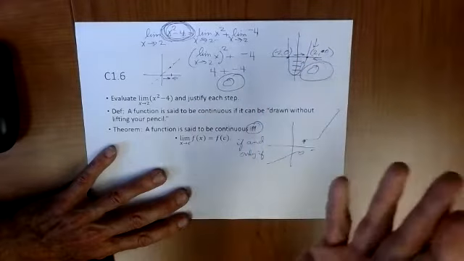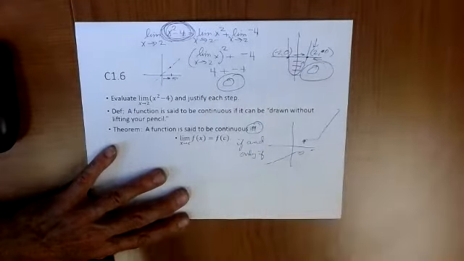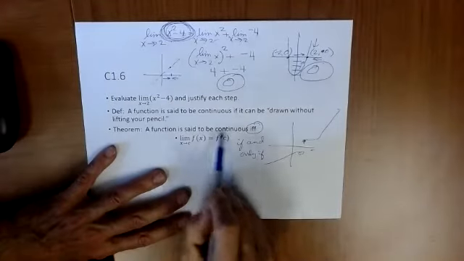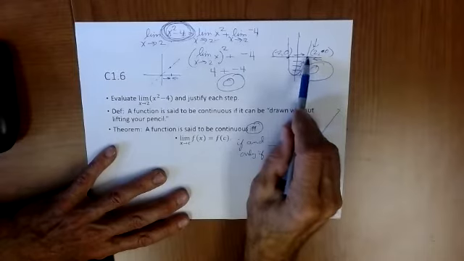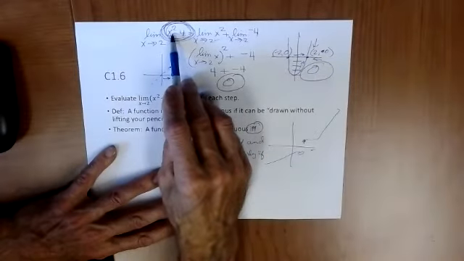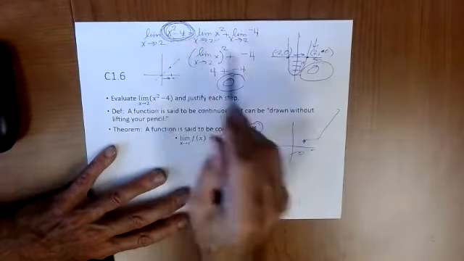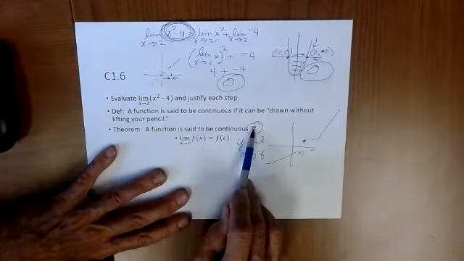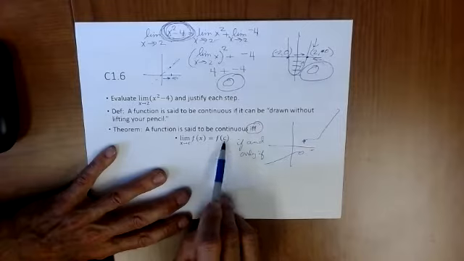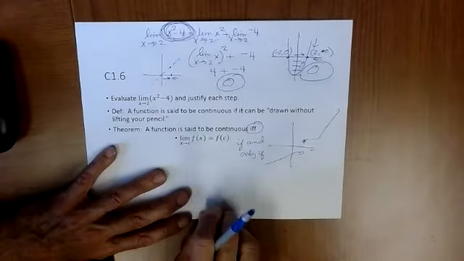There's no division by 0. There's no square roots of negatives. Okay? So if a function is continuous, you can simply punch in, like right here. I can punch 2 in for that because I know it's continuous. 4 minus 4 is 0. So if we know a function is continuous, you can simply stick the value you're approaching into the function. Okay? And we'll talk a little bit more about that later.